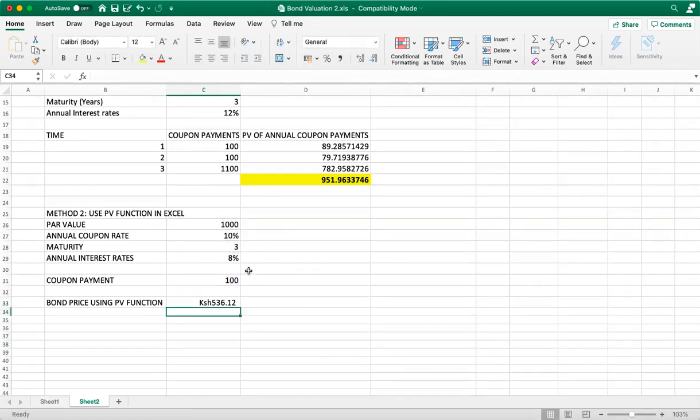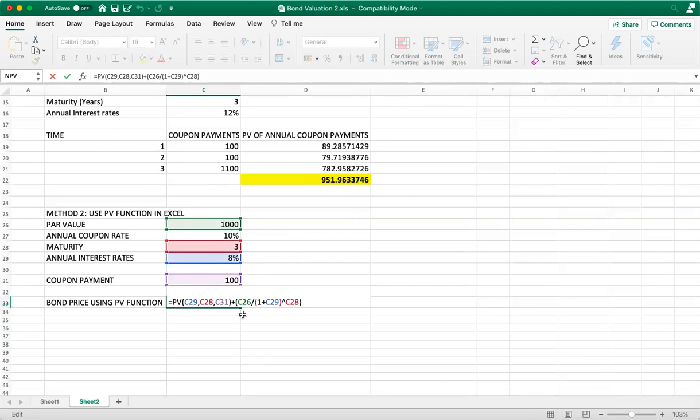Then you, now what have I missed out? 1 plus C. A 1,000 divided by 1 plus C29, that is correct, power. What is C28? Power 3, to the power 3. That is correct.